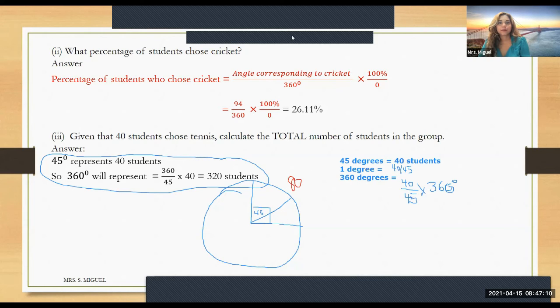There are 4 quarters, or 4 90-degree angles, in a circle. So each 90 degrees is represented by 80 students, and 80 multiplied by 4 gives us 320.